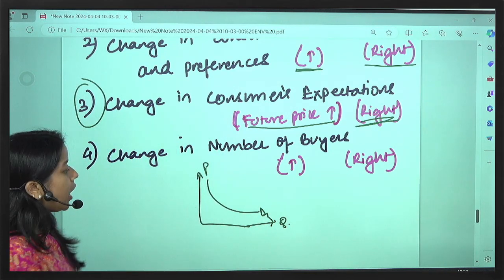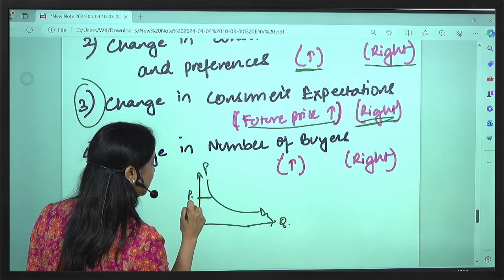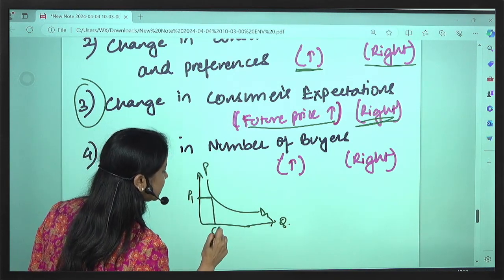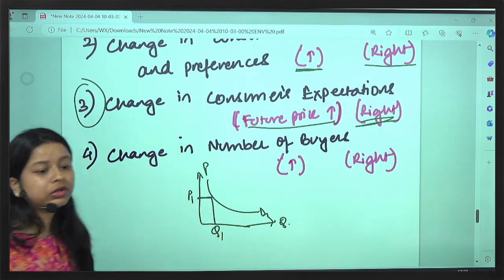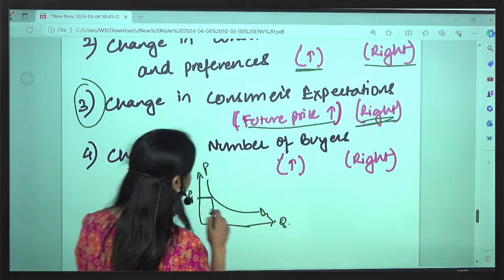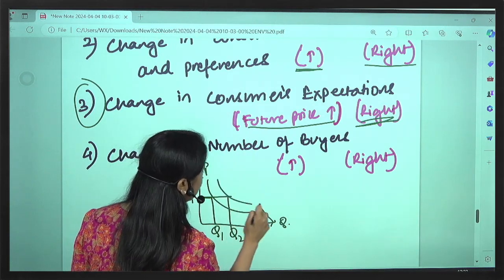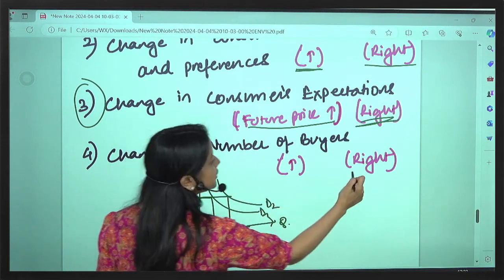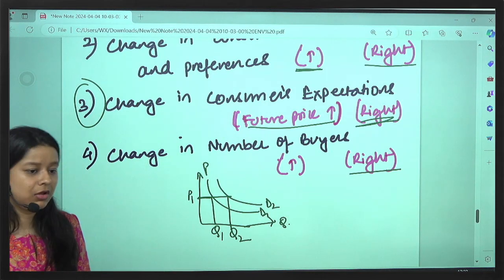The price is same at P1 and quantity is Q1. Earlier there were 100 buyers in the market, now there are 110 buyers. So obviously they will demand more. It is a rightward shift when there is an increase in the number of buyers.